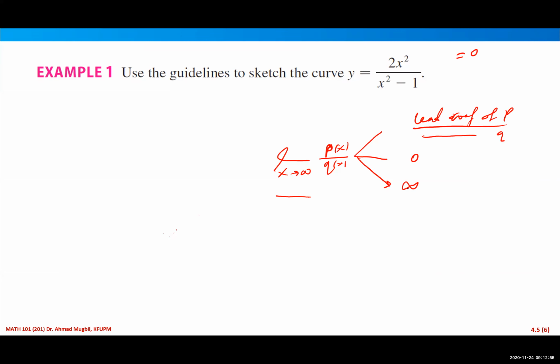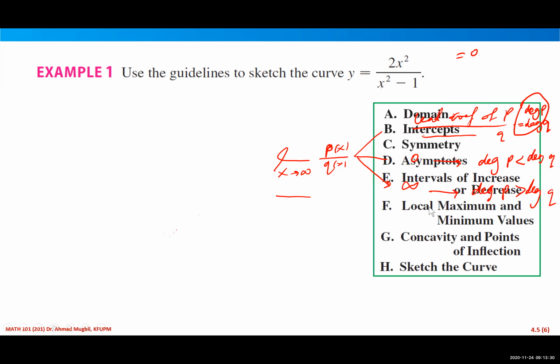These are the only three possible cases for rational functions, a polynomial over a polynomial. The first is if the degree of p equals the degree of q. The second is if the degree of p is less than the degree of q. And the third is if the degree of p is greater than the degree of q. Is that clear? I think you should know this from before.